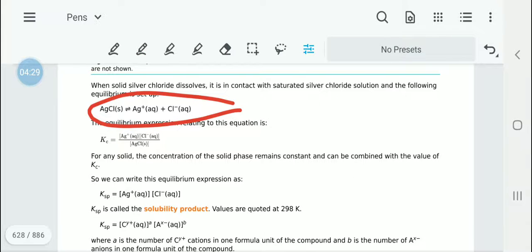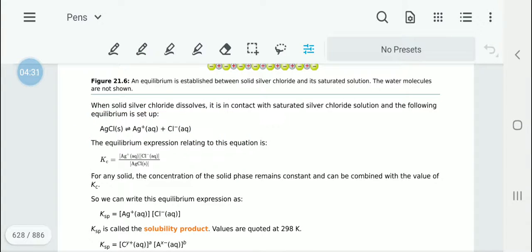Because that is the equilibrium equation, we can write an equilibrium expression for Kc for this. Kc equals Ag plus aqueous concentration, Cl minus aqueous concentration, upon silver chloride solid concentration.